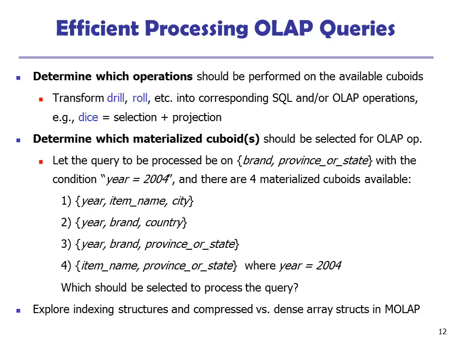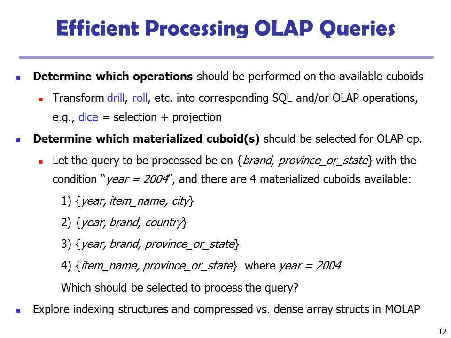We have to have that planned, whether it's a drill down or roll up, with the corresponding SQL in the OLAP operations. The order is important in order to get to the cube which is of most interest to us.